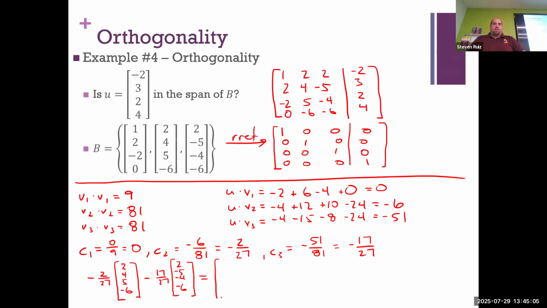So if we add those together, what do we get? I'm going to let you correct me for all the fractions I'm doing.